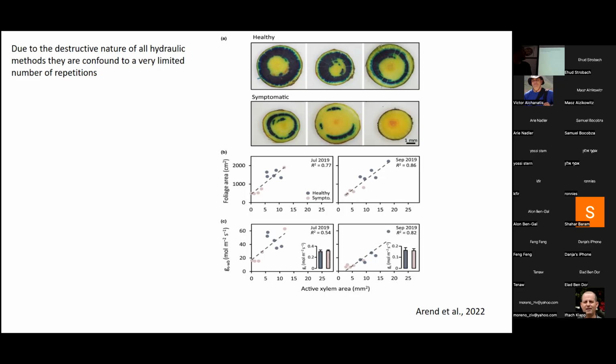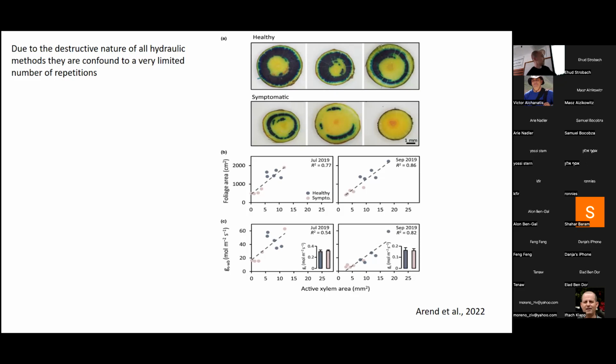Up here, these are shoots that conduct the dye, that's why they become colored. And these are shoots that do not conduct the dye, so they lost their conductivity due to xylem cavitation. This is just a method for seeing if a tissue is conductive or not.